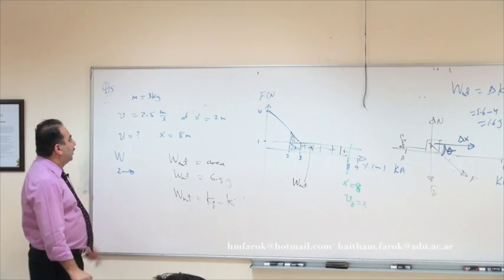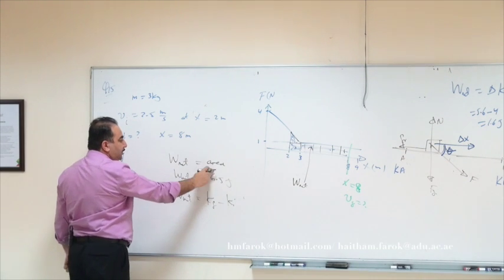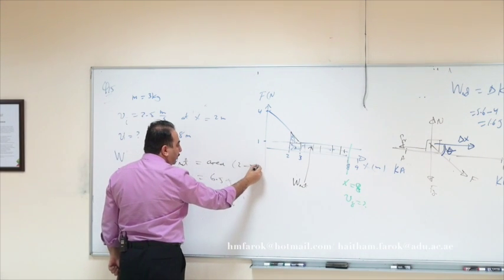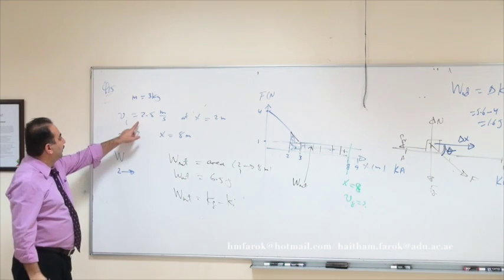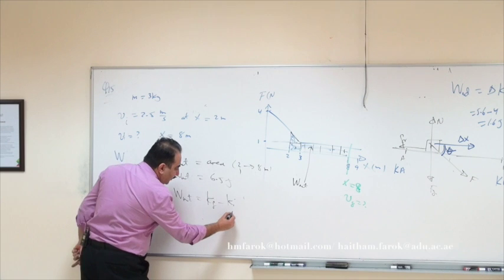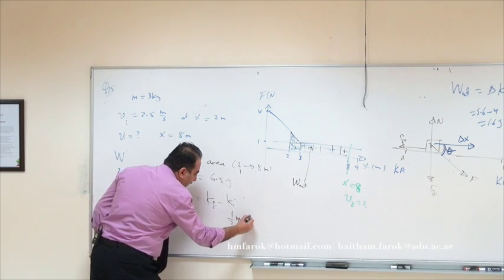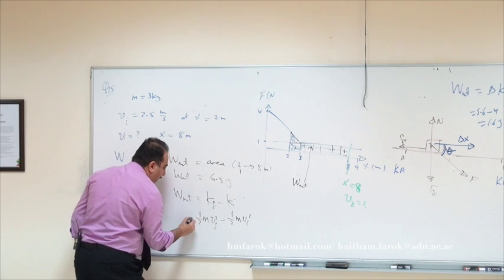Initial speed at 2, yes, because you did this area from 2 to 8 meters. So initially at 2, what's the speed? 2.5. So I can replace this with half m v initial squared, and this one half m v final squared.